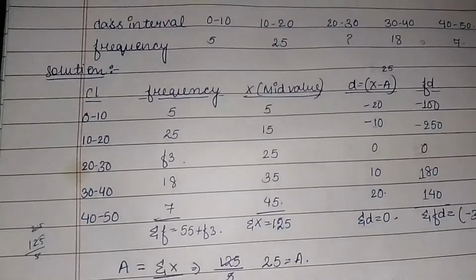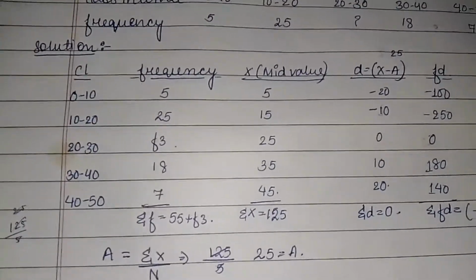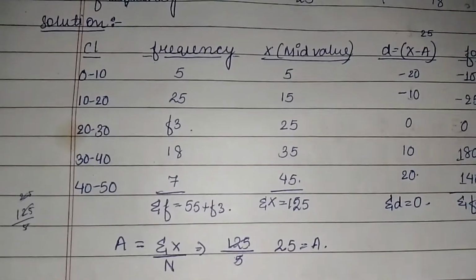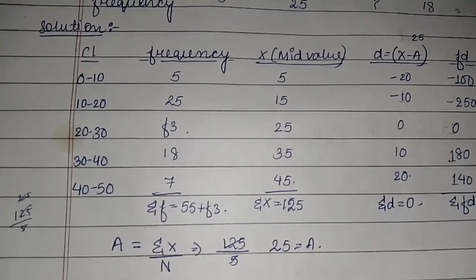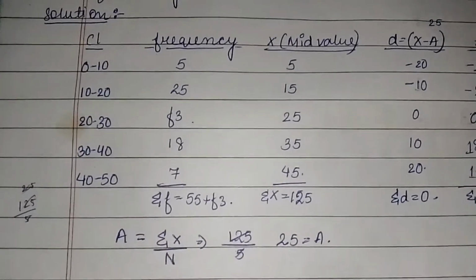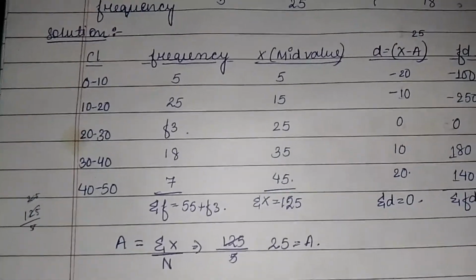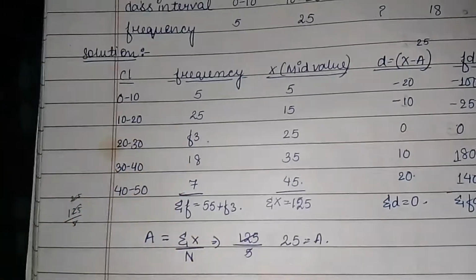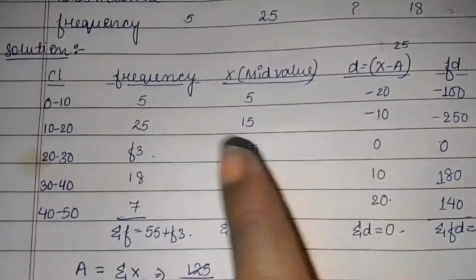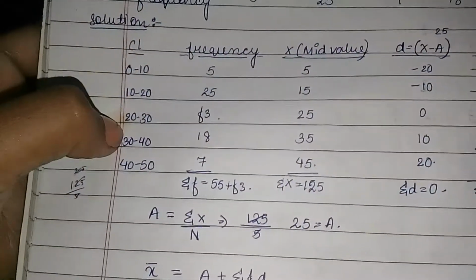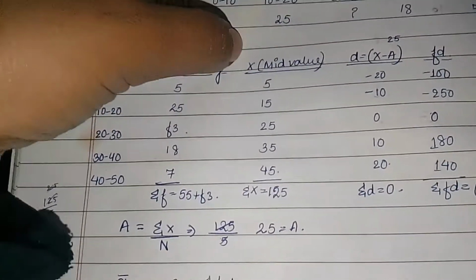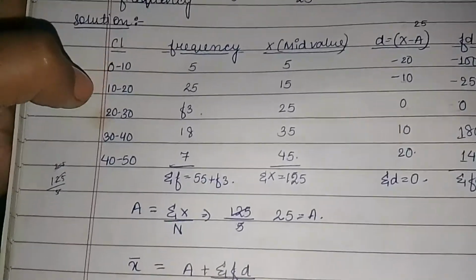So sigma F equals 55 plus F3, that is, the summation of all the frequencies is 55 plus F3. From the class interval we calculate the mid value x: 5, 15, 25, 35, 45.